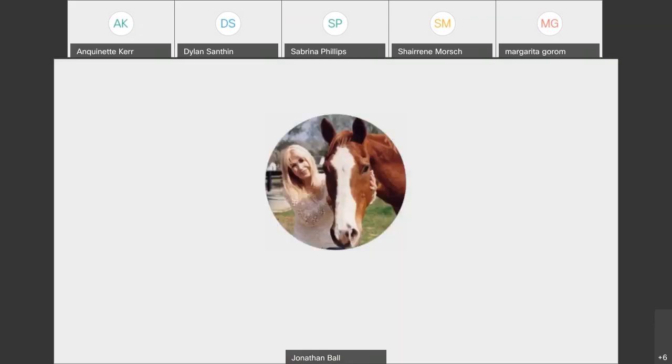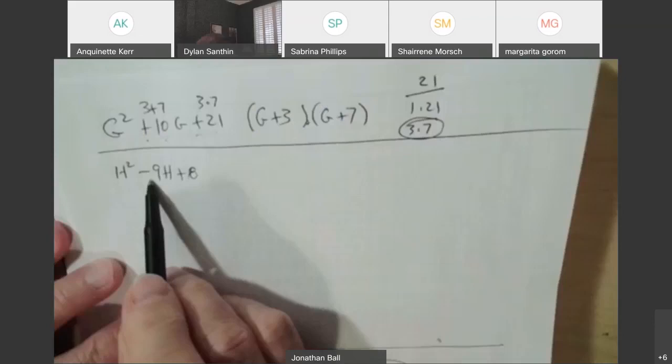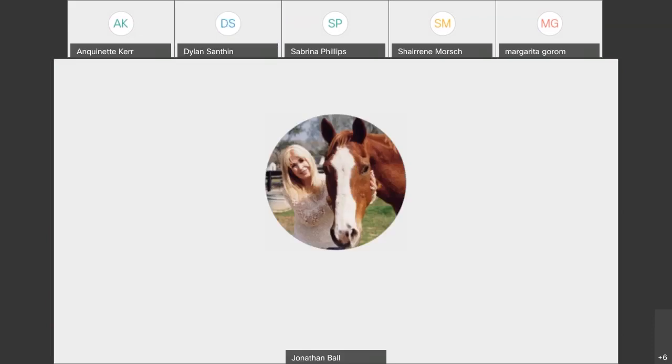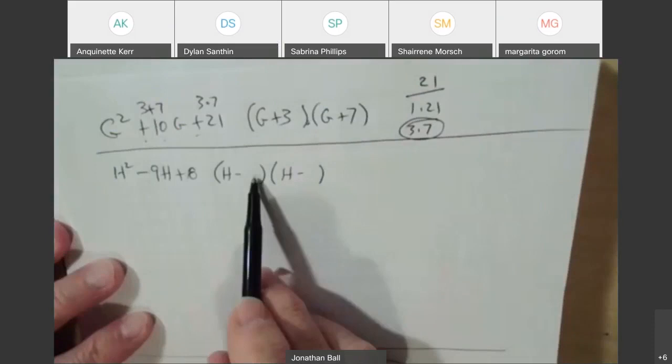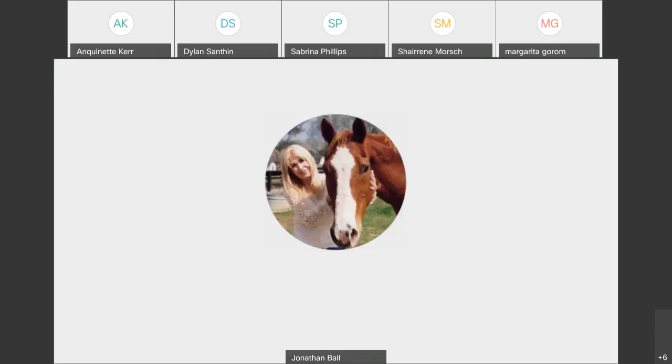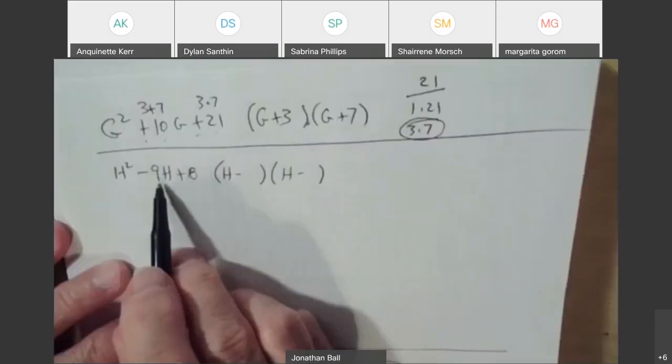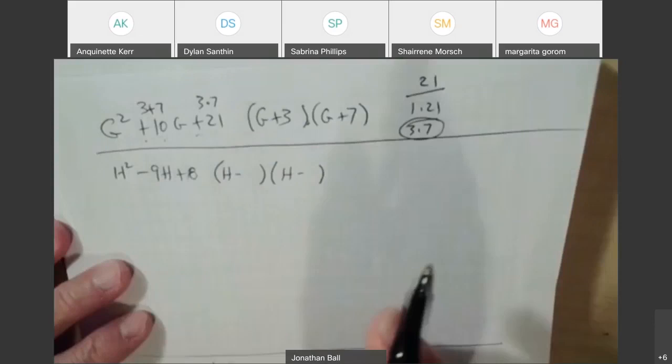Okay. Now the linear term is negative. The constant's positive. So it's going to be H minus and H minus, right? Because the last thing we do, a negative times a negative is a positive. So we want the factors of 8 that combine together to give us -9.